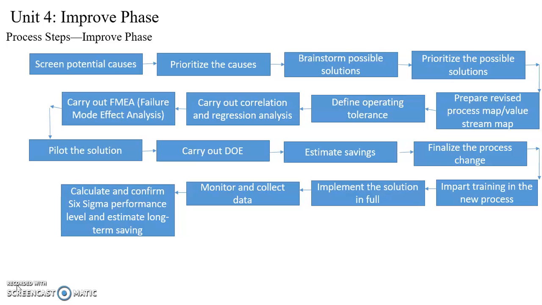Next step is to carry out correlation and regression analysis. Prior to implementing a solution based on the relationship between an independent variable and a corresponding dependent variable, it is necessary to check whether any correlation really exists between input and output variables.